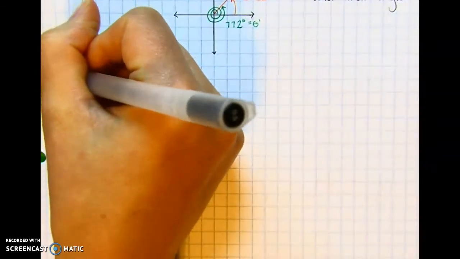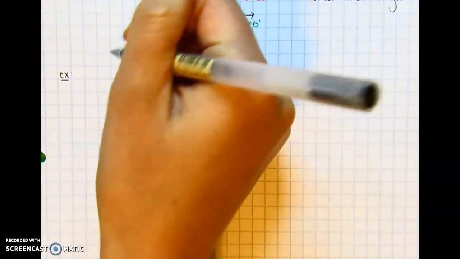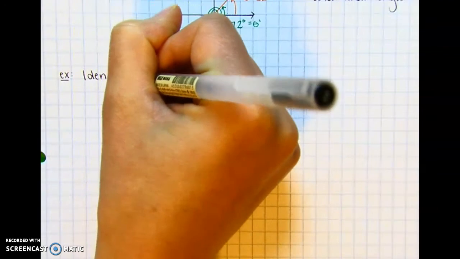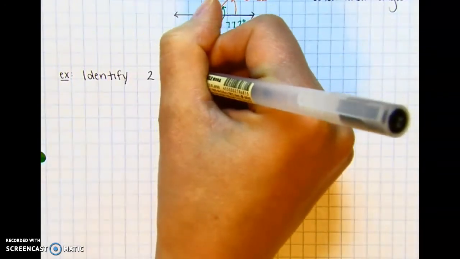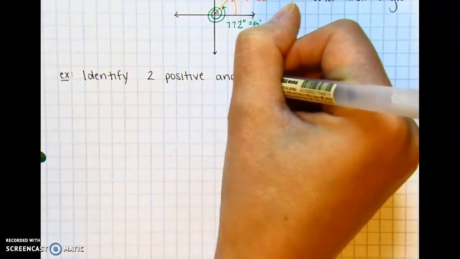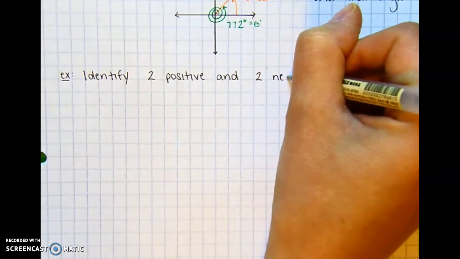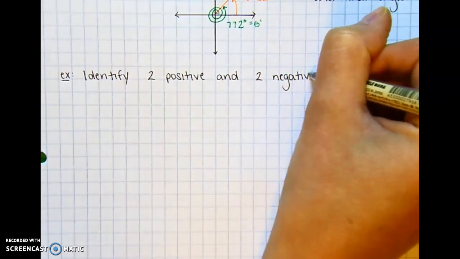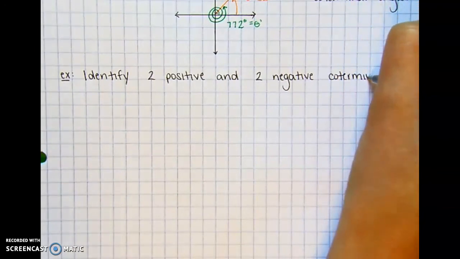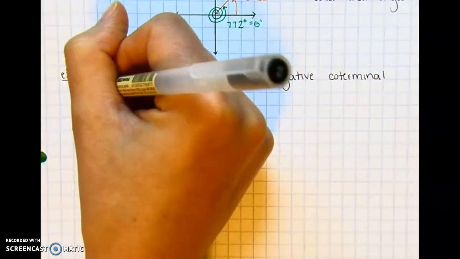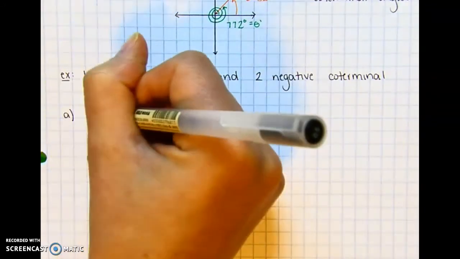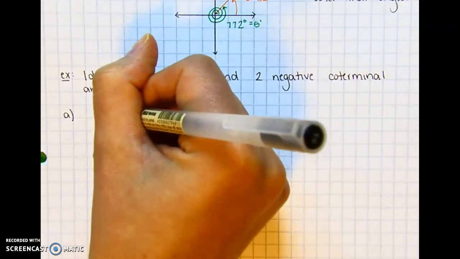So the first example I'd like to do is identify two positive and two negative coterminal angles. So for the first example, let's do negative 35 degrees.